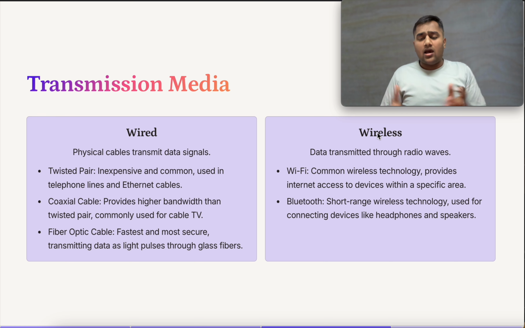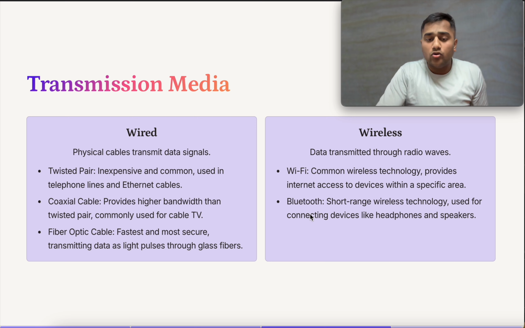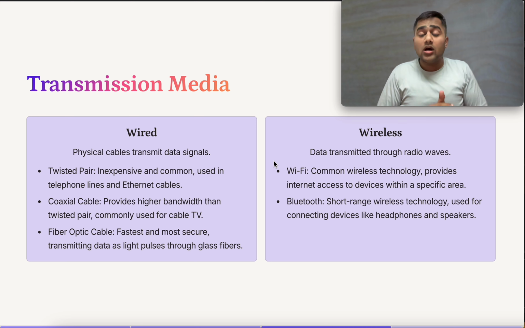The examples of wireless transmission media are Wi-Fi and Bluetooth. The data transfer is done without the help of any wire. If the wire is not used, then the transfer is done with the help of signals. Bluetooth is a short range transmission media, and Wi-Fi is a little more than that.